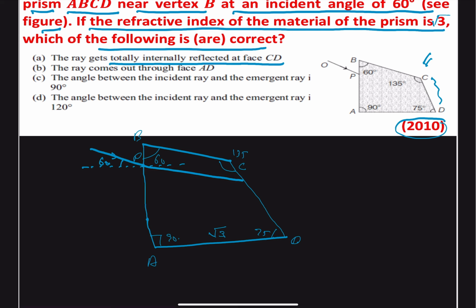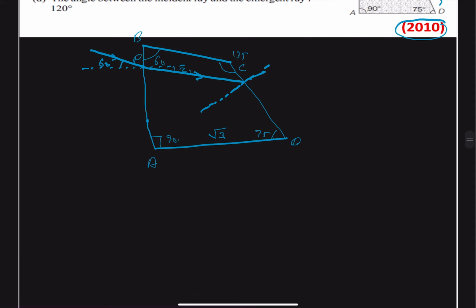And we can just draw a normal here and try to find out the condition whether it is going to be totally internally reflected or not. Let us suppose this is our R1. At point P, we can use Snell's law and find out the R1.